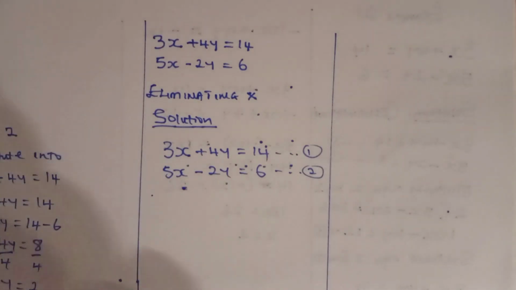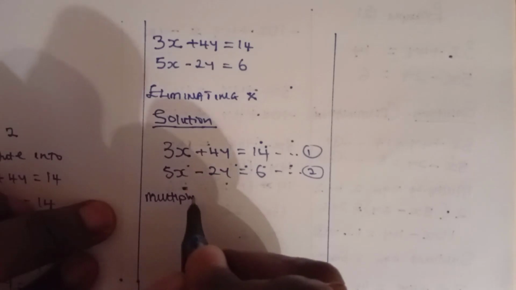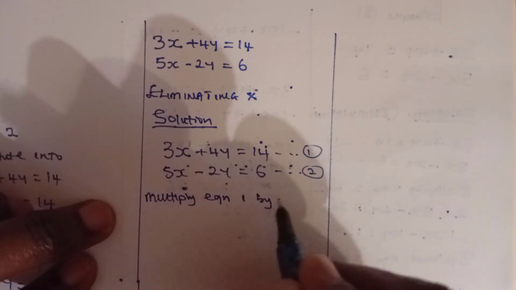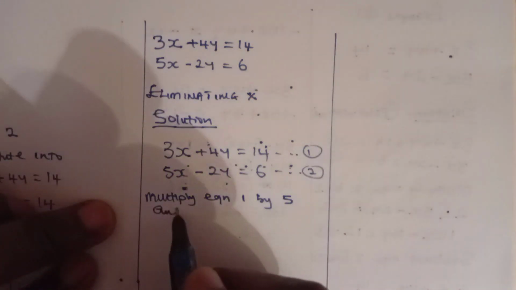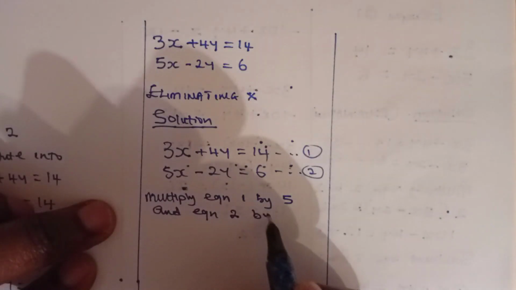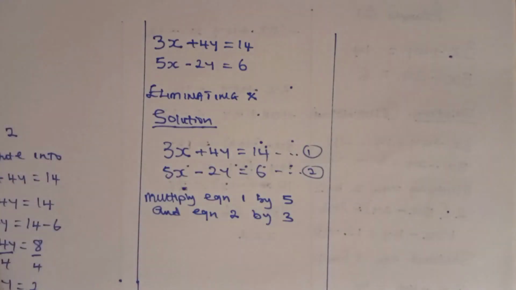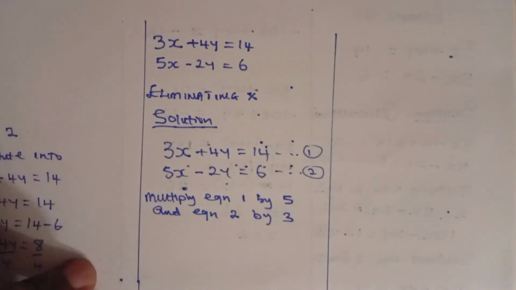So by doing so, we will multiply equation 1 by 5 and equation 2 by 3. Once we do that, we're going to have a balanced equation, with the variables having the same coefficient.